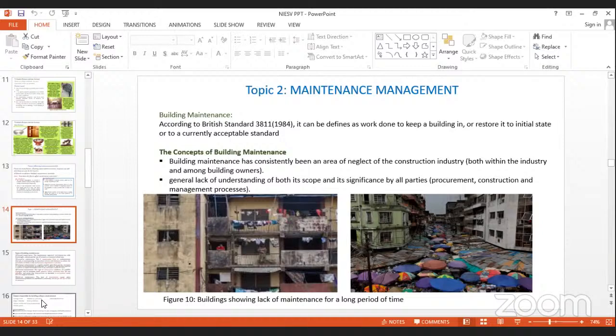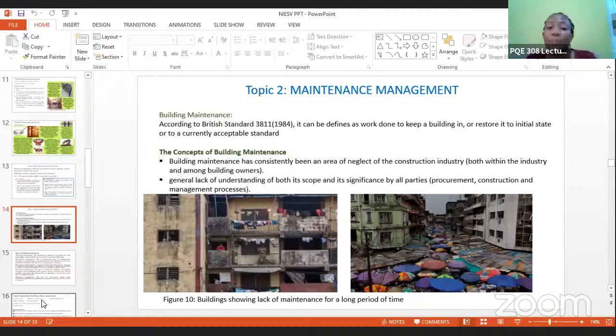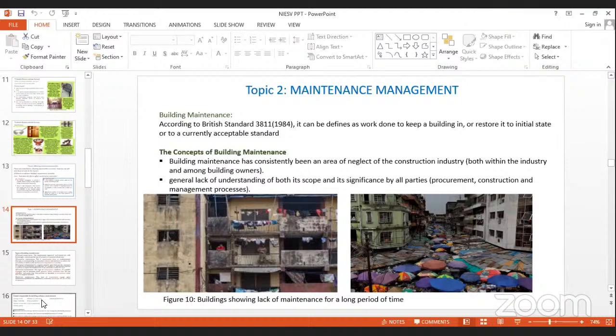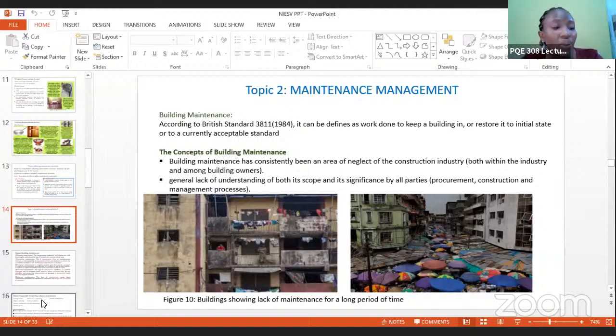Okay. I can continue to our topic 2, which is maintenance management. Maintenance is a very important topic, let me say, even in our country, because we really don't have that maintenance culture.